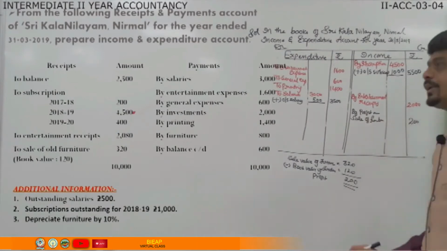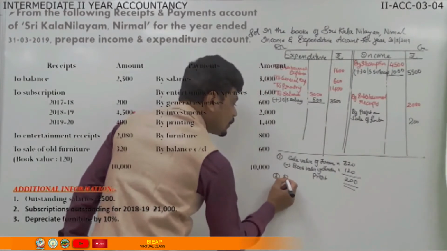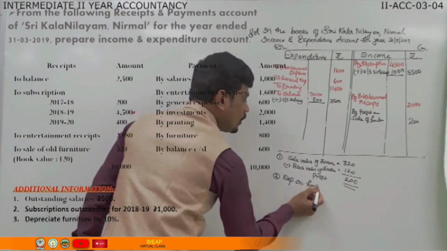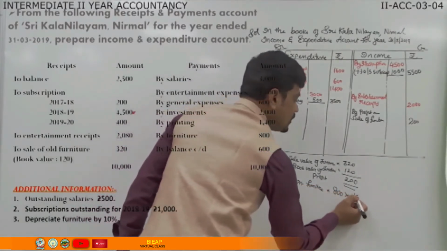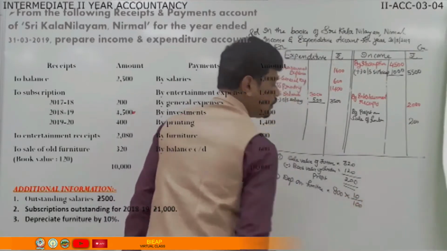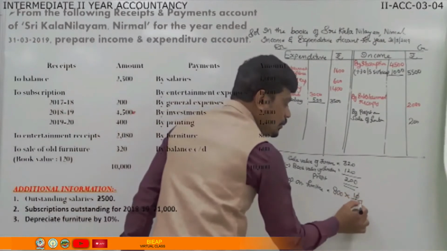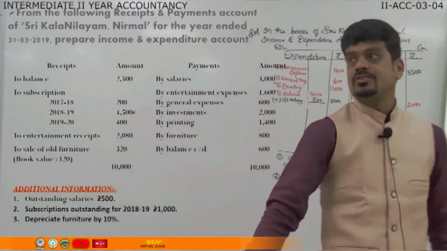Then third, depreciate furniture by how much percent? 10%. Better do the working. So this was working number 1. Working number 2. Depreciation on furniture. What is the value of furniture? 800. How much percent? 10%. So 10 by 100 if we do, cancelling the zeros in numerator and denominator, 80 rupees is depreciation.